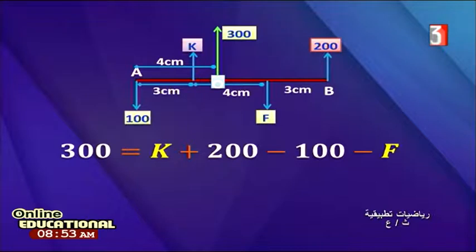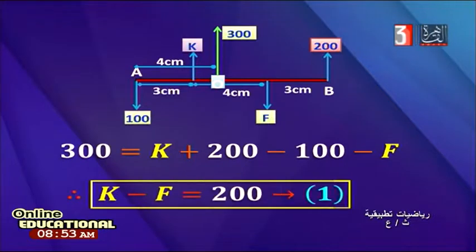R is the resultant of the forces with the biggest force. Then R resultant of the forces equals the biggest force minus smallest force. In this equation, we find an equation of two unknowns F and K. The relation between them: K minus F equals 200.